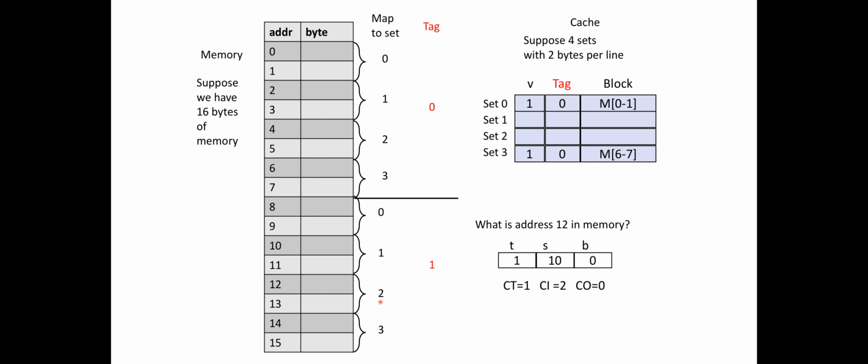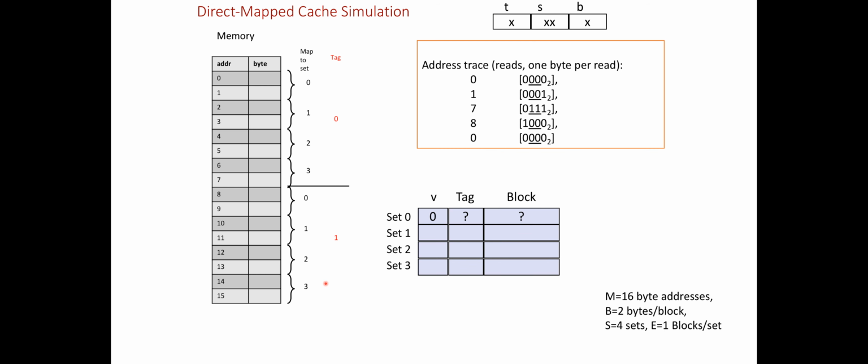So this would be the address in binary: 1 for tag 1, 10 for set 2, and then byte 0 here as the offset. So that's the way we would address memory in this small example.